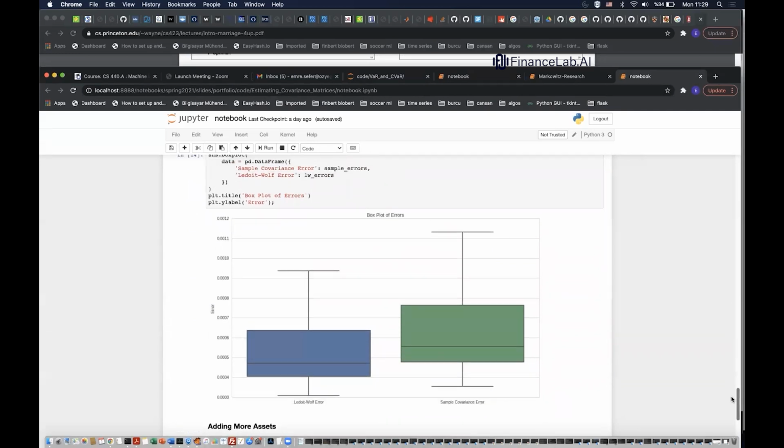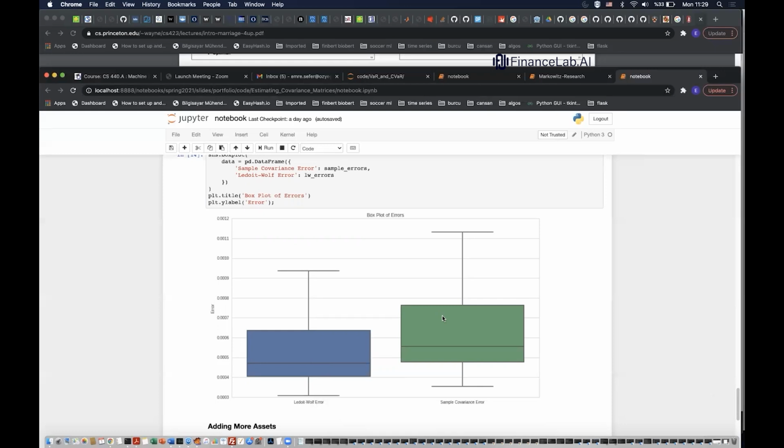So in this case, if you notice that the errors are lower, the difference between the in-sample and the out-of-sample covariance matrix is smaller when we use the Ledoit-Wolf estimator. So the error is smaller than when we compare the in-sample covariance matrix with the out-of-sample covariance matrix directly.